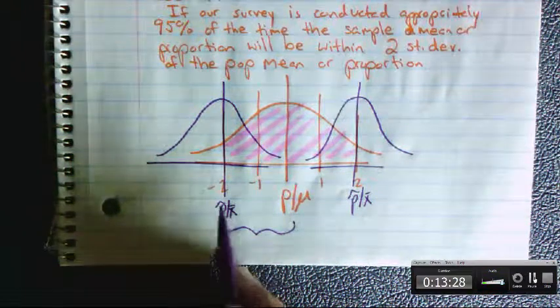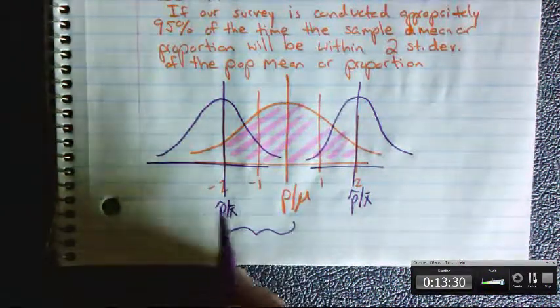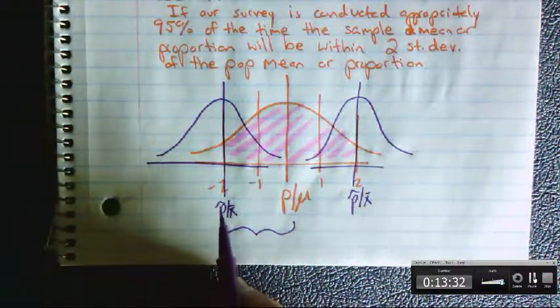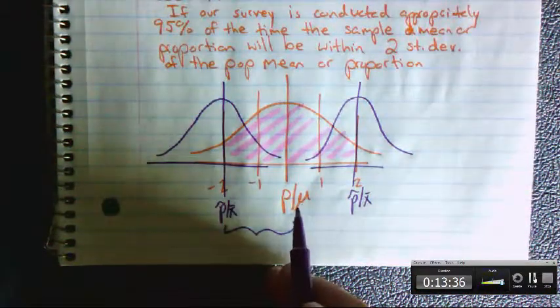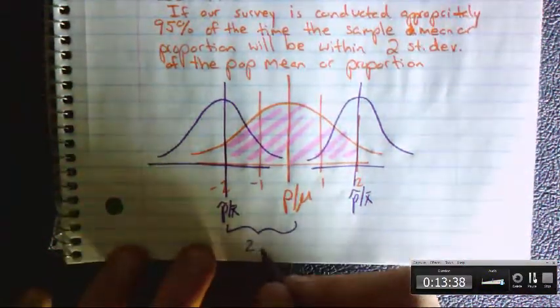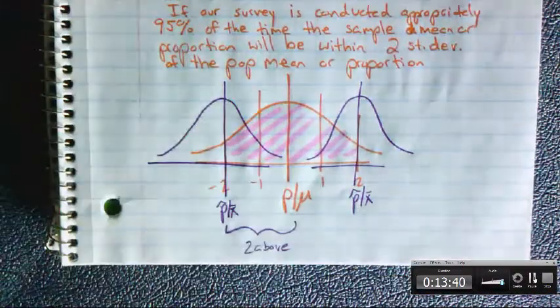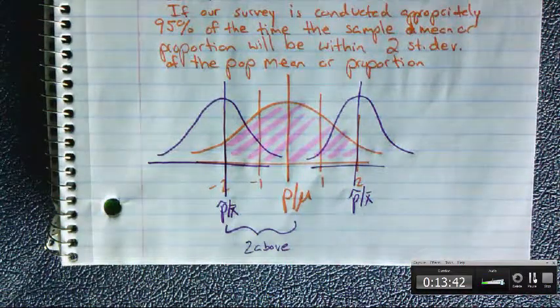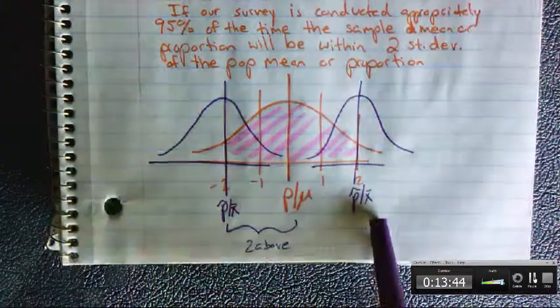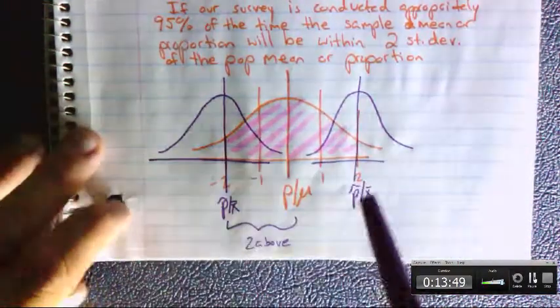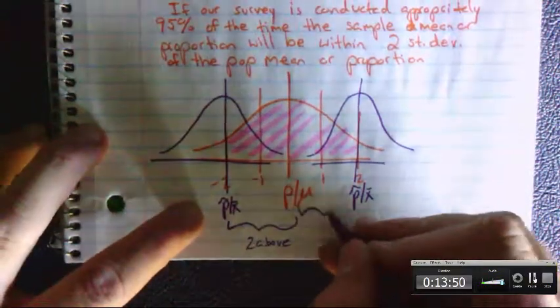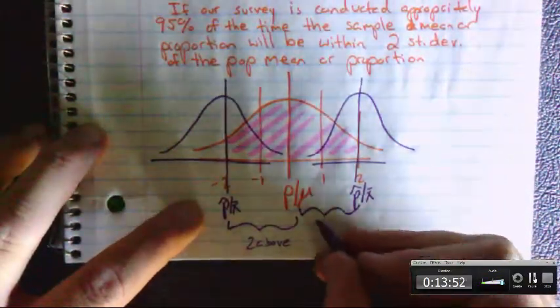If our sample, the most extreme sample, is 2 below, how does the population compare to it? It is 2 above. And if our sample is at the most extreme, almost the highest possible outcome, the population is still just how much below? 2 below.